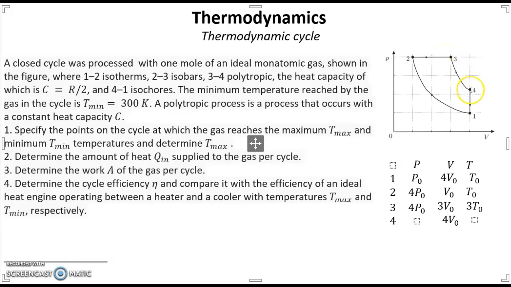We only don't have pressure and temperature for point 4, which we can calculate using this polytropic process. So that will be our next step, to find the pressure and temperature from point 3 to point 4.